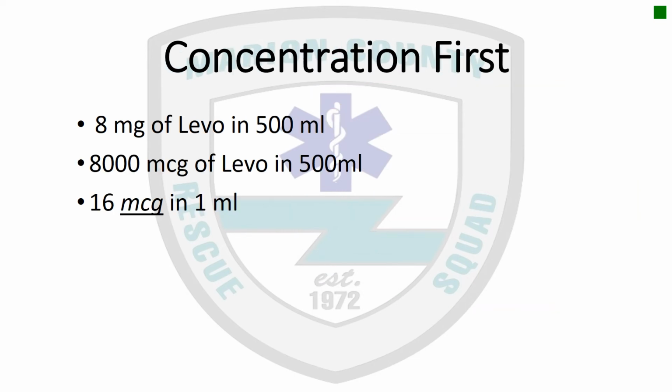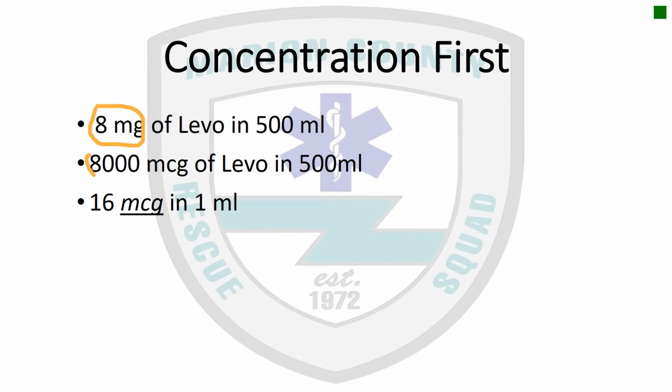So we first need to establish our concentration of medication before we can move on with figuring out the rest of the problem. Our pharmacist has mixed 8 milligrams of Levophed in 500 milliliters of D5W. The only problem with that is our dose of Levophed is administered in micrograms, so we need to convert this to micrograms in 1 milliliter. To get 8 milligrams to micrograms, we simply multiply by 1,000. There are 1,000 micrograms in 1 milligram.